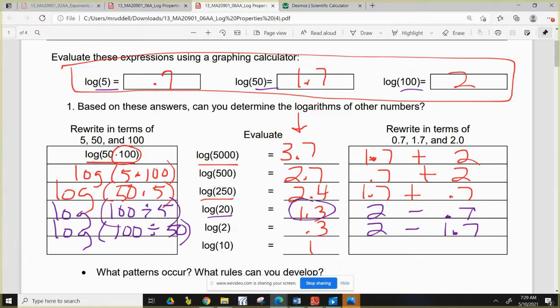Log 10: we can't multiply those to get 10, but we can divide 50 divided by 5. Log 50 is 1.7. Log 5 is 0.7. If you subtract those, you get 1. So what patterns occur, what rules can you develop? From this, we can see that multiplication goes with addition and division goes with subtraction.